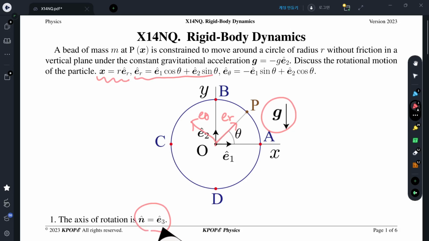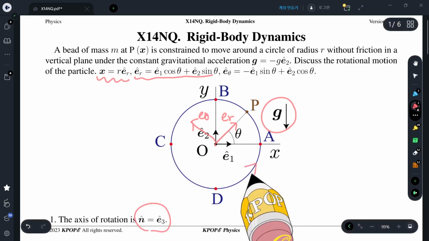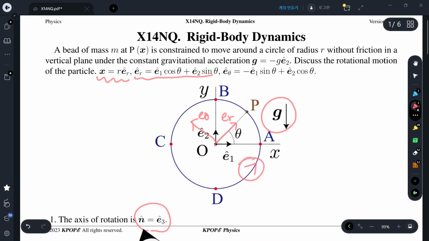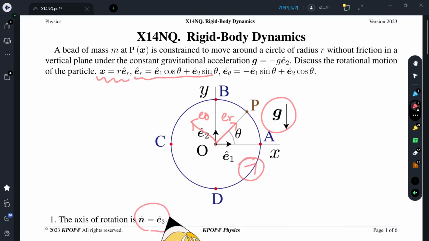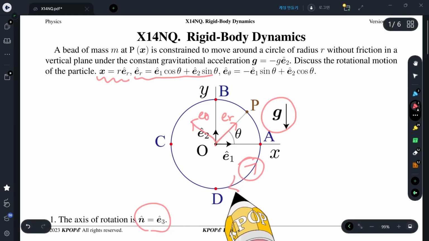Depending on the rotation, if it is rotating counterclockwise, then the angular velocity is positive. If it is rotating clockwise, then the angular velocity is negative.